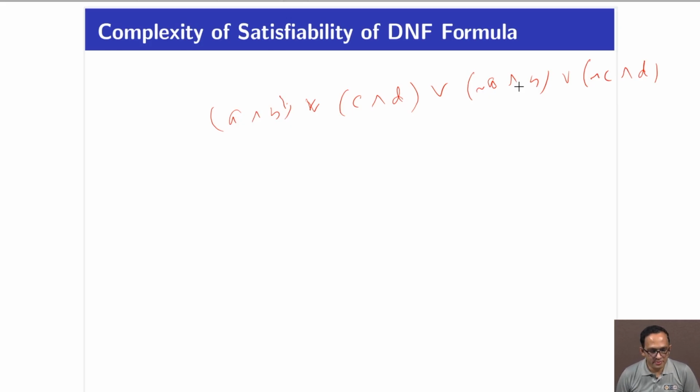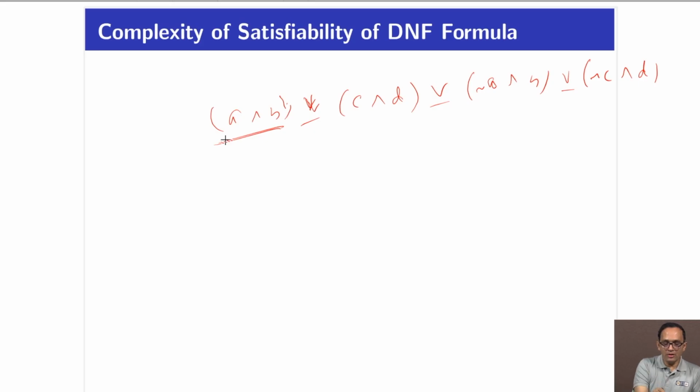Now let us say you want to check whether the formula is satisfiable or not. Because you have a disjunction, you don't need to check all the clauses. Just checking one clause is enough. If one of the clauses becomes true, the formula will be true. I don't need to check the rest.